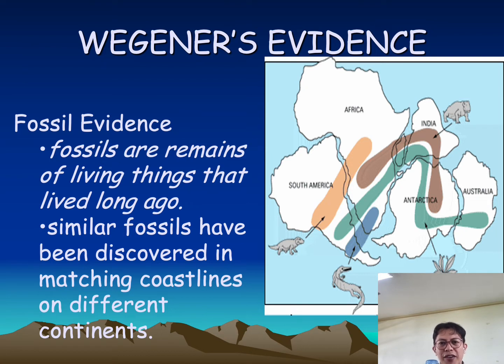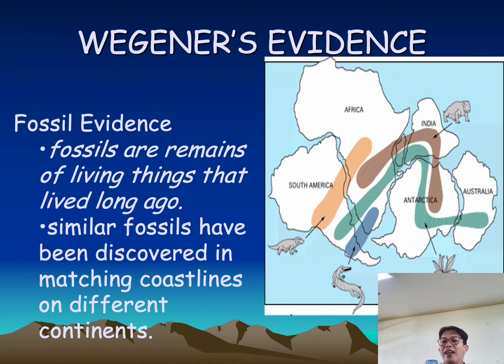Because the remains or fossils of this type of animal found in South America are also found in the continent of Africa. It's very impossible to find these specific animals on one continent and also on the other, unless they separated later. So this tells us that South America and Africa before were joined together.